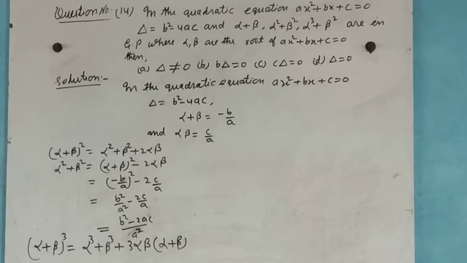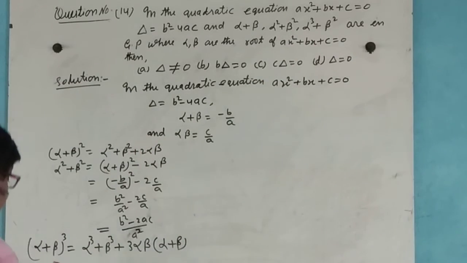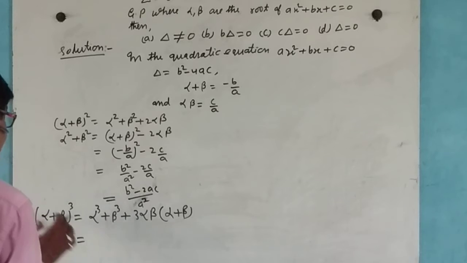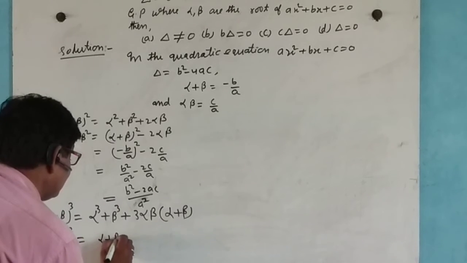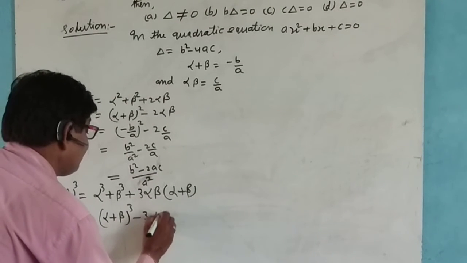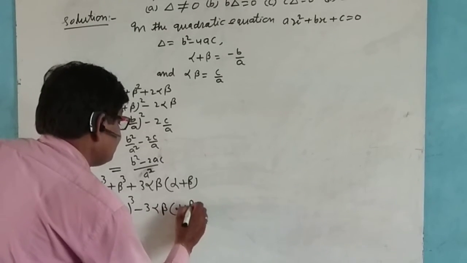So alpha cube plus beta cube equals (alpha plus beta) whole cube minus 3 alpha beta (alpha plus beta).